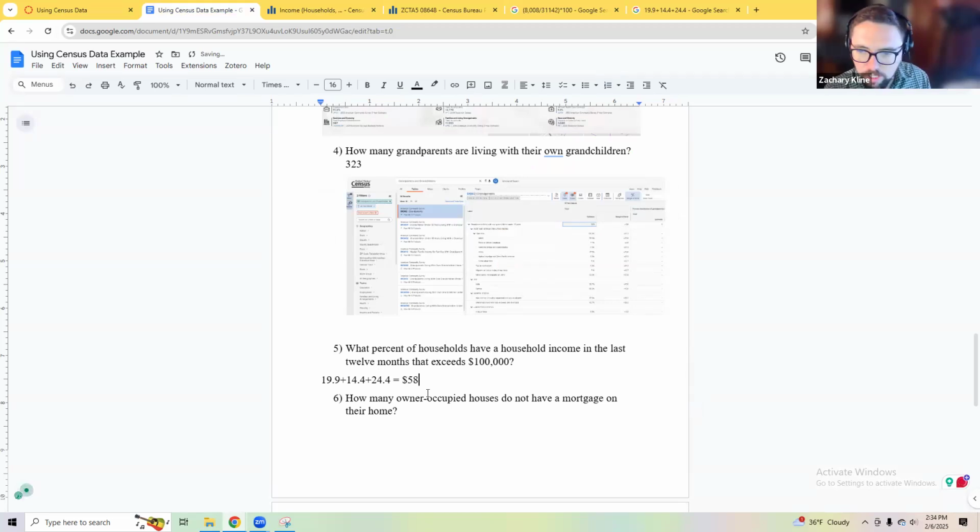This is a very wealthy community. 58.7% of households in Lawrence have an income that exceeds 100,000. The median income in the United States for a household is closer to 70,000. So this is a very, very wealthy community.